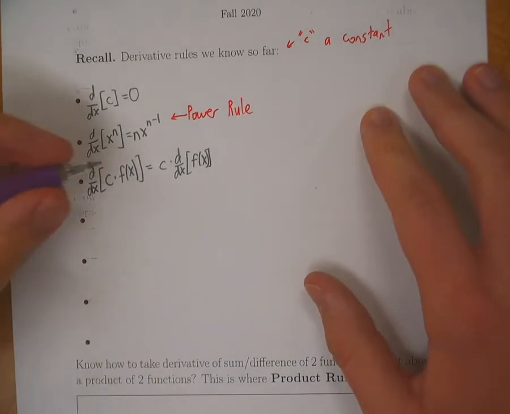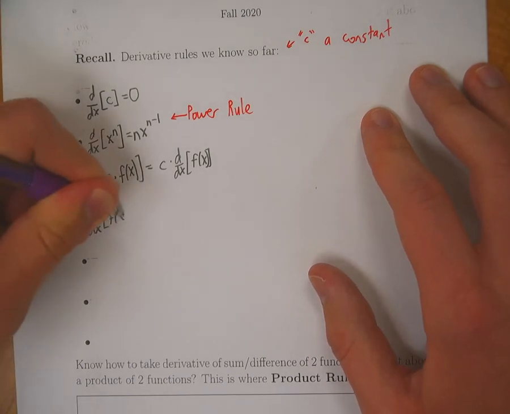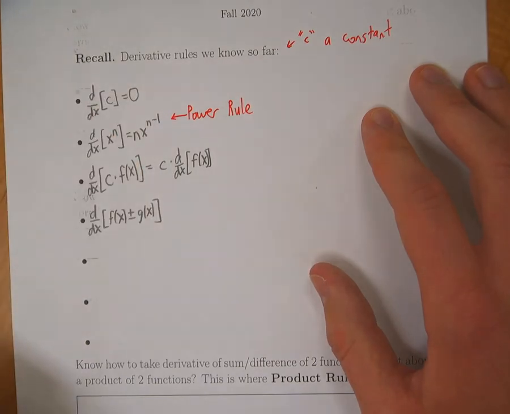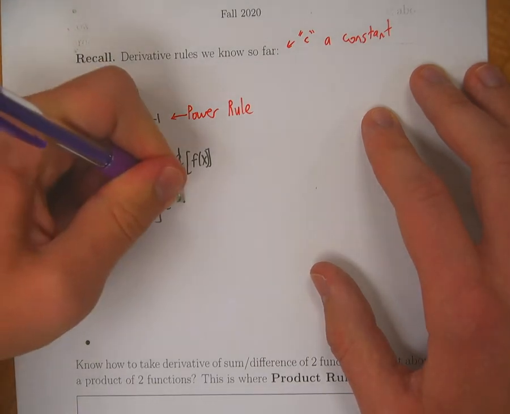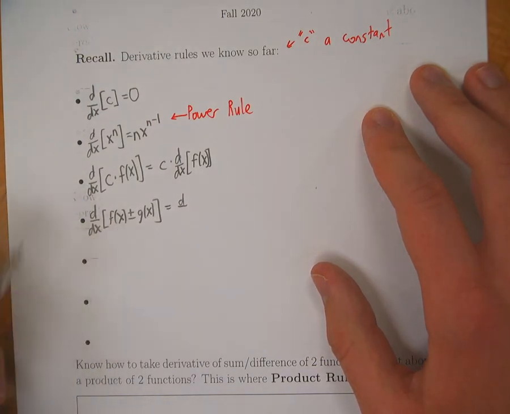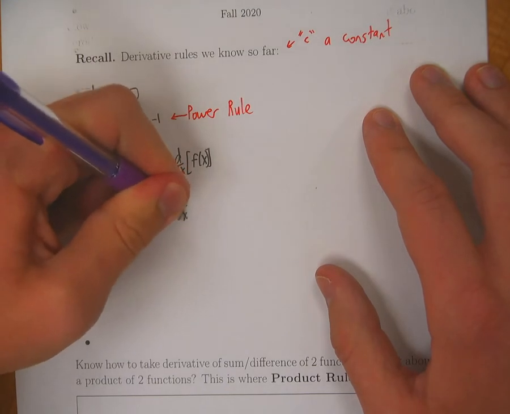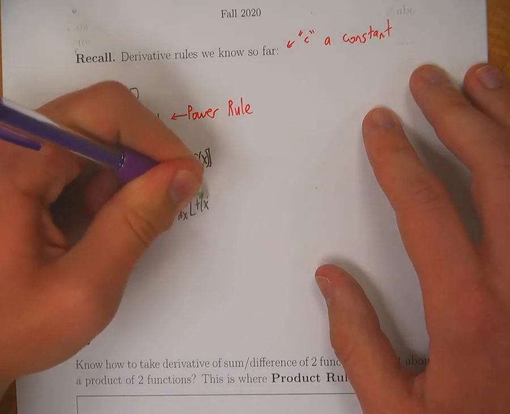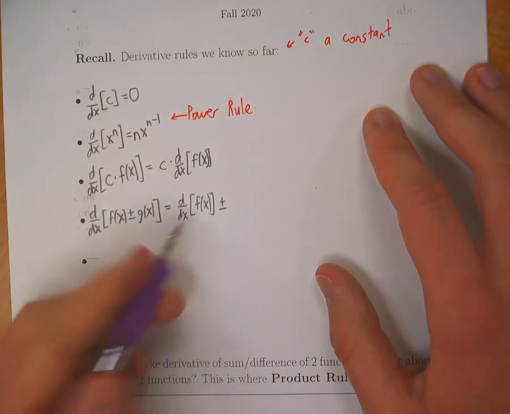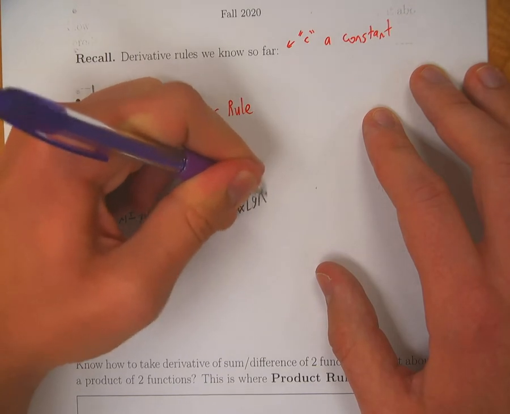So then the next one is d over dx of f of x plus or minus g of x. That equals, well, the derivative of a sum/difference of 2 functions is the sum/difference of those 2 derivatives. So namely, you have derivative of f plus or minus derivative of g. Okay.